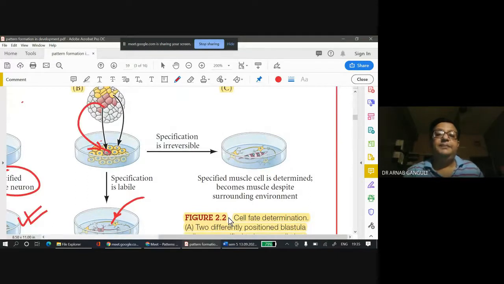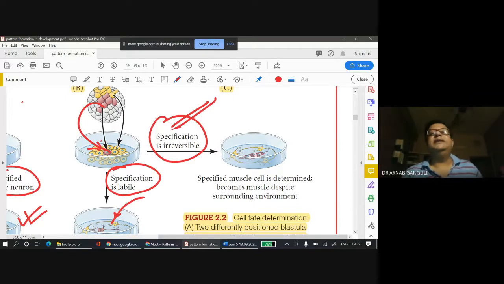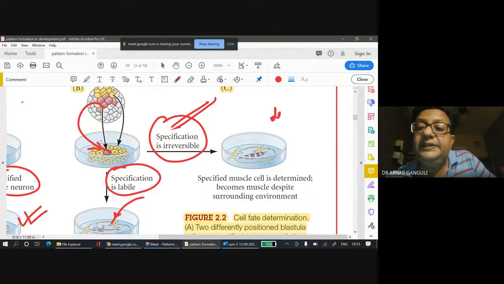When this specification is reversible, the specification is labile. But when this specification is irreversible, this cell will be a muscle cell wherever you place it. That is known as determination.